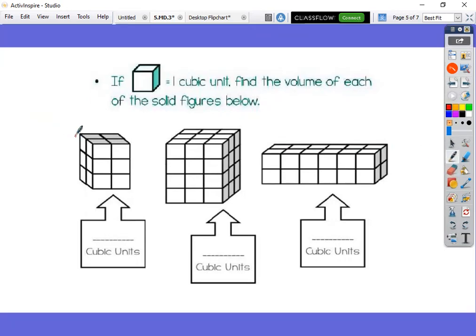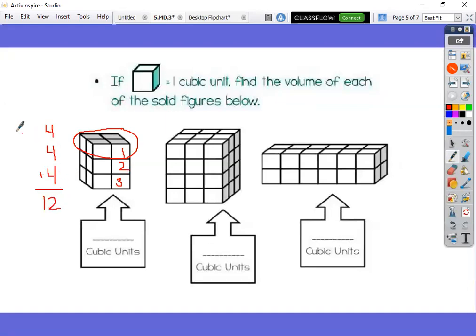If we look at this first figure, the first thing I notice is that there are 4 cubes in this top layer. Then I can see that there are 3 layers: 1 layer, 2 layers, and 3 layers. There are 2 ways I could go about finding the volume. If there are 4 in each layer, I could add the number 4 three times, 1 for each layer, and 4 plus 4 plus 4 equals 12.